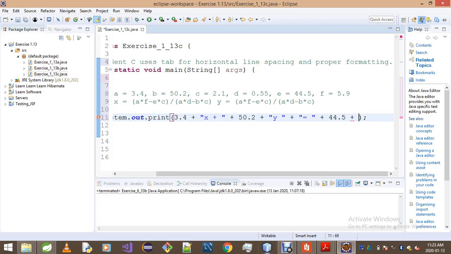Okay, anyways, let's go to our second equation. Oh, here's the crucial part. We put the tab here in order to make sure that there's enough space between two equations.